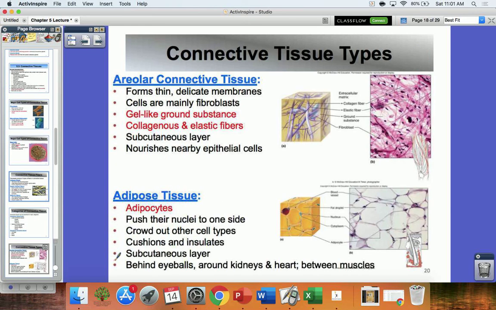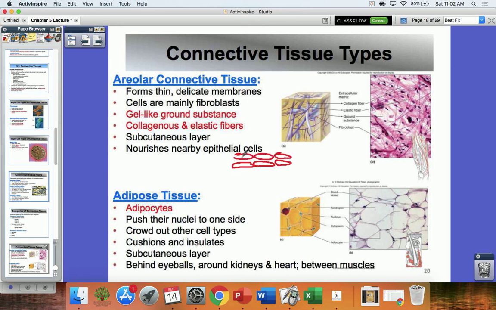So the very first type of connective tissue is areolar connective tissue. And we're going to find this in places like the underside, or the basement membrane, of the skin. If you remember, I talked about how we have multiple layers of cells for the skin, stratified squamous epithelial.